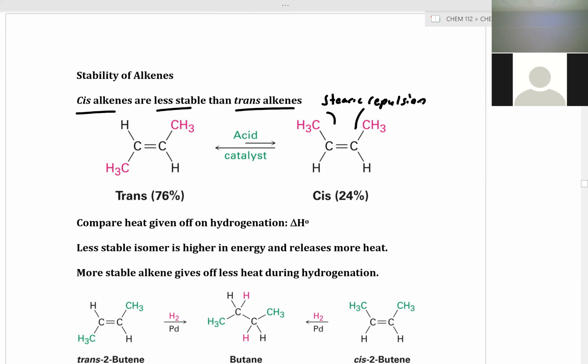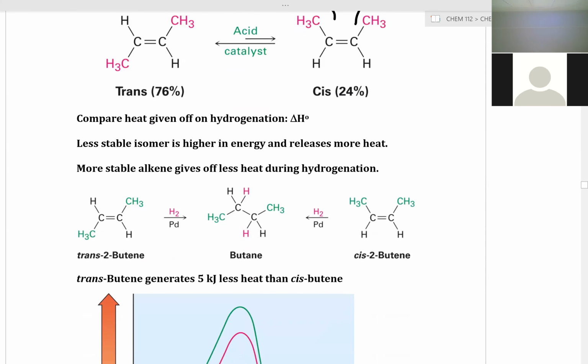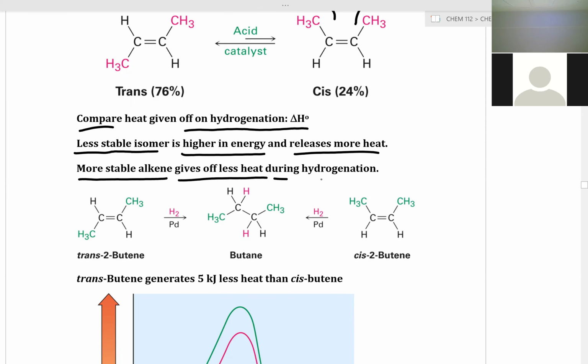Now, one way that we can measure the relative stability of alkenes is to compare the heat given off on hydrogenation. The less stable isomer is higher in energy and releases more heat. So the more stable alkene, by the corollary, gives off less heat during hydrogenation. Okay?